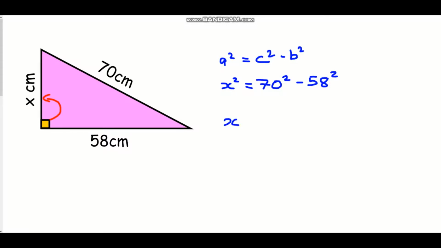Putting those numbers into a calculator, you get that x squared is 4,900 take away 3,364.